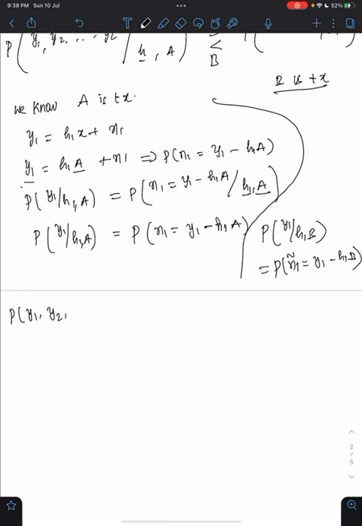So the probability of y1, y2, yL equals the probability of y1 times the probability of y2 times the probability of yL. This follows from independence.